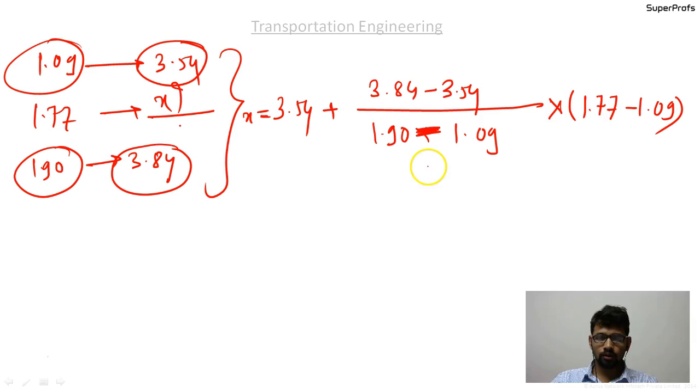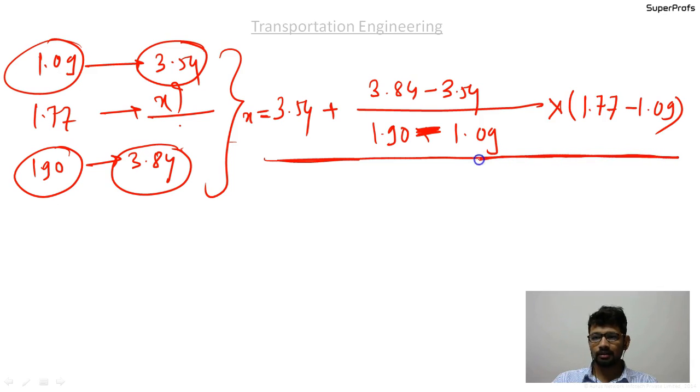So I hope you know how I have written this. If you don't understand how this comes, then go back home, apply some logic, you will get the answer. There is nothing great in this. So the answer comes out to be 3.79.